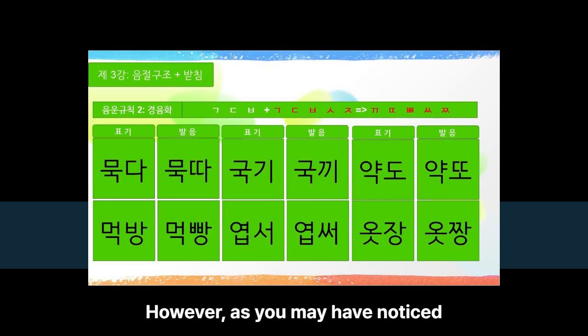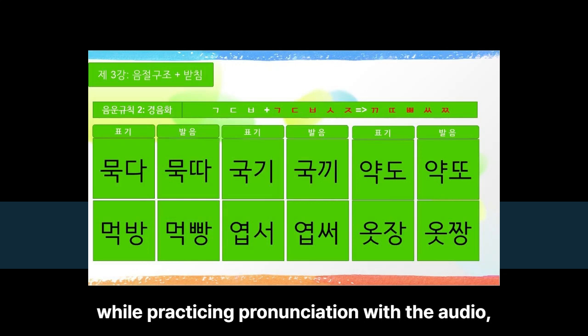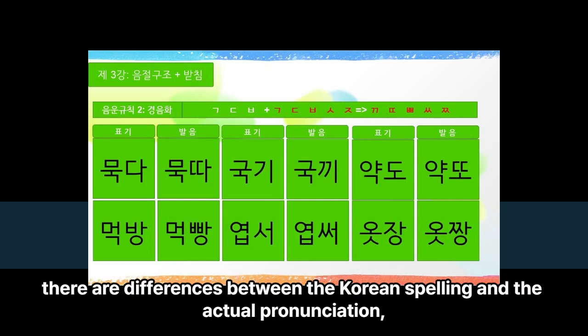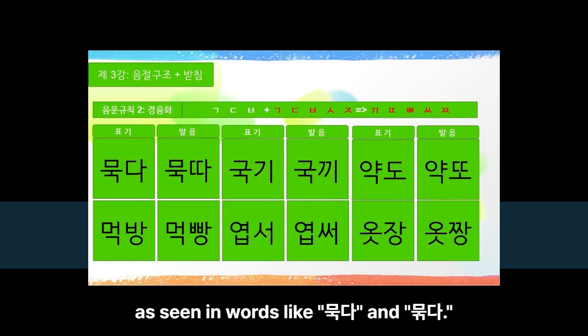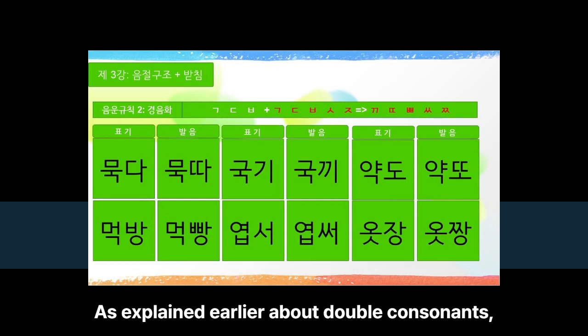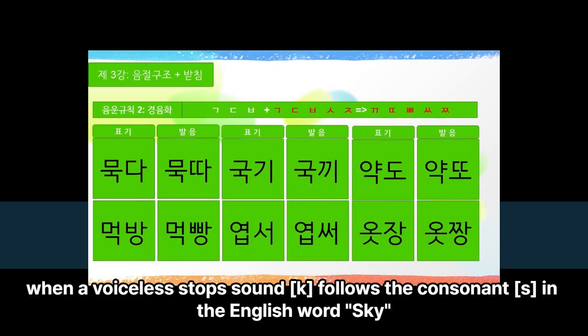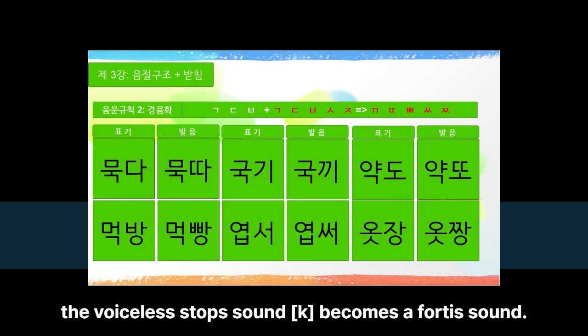However, as you may have noticed while practicing pronunciation with the audio, there are differences between the Korean spelling and the actual pronunciation, as seen in words like mukta and mukta. As explained earlier about double consonants, when a voiceless stop sound, k, follows the consonant s, in the English word sky, the voiceless stop sound, k, becomes a fortis sound.